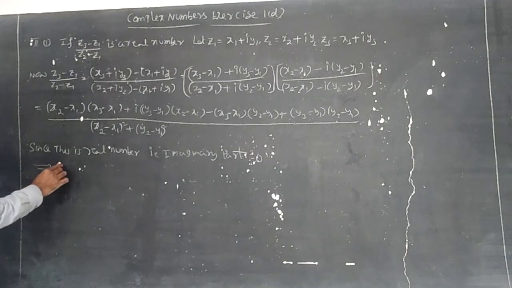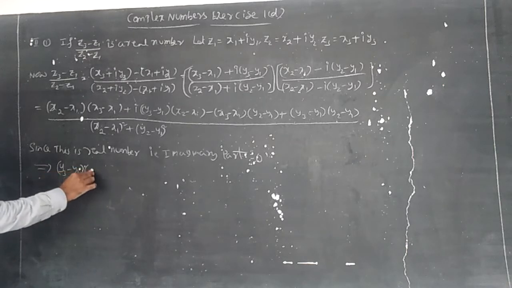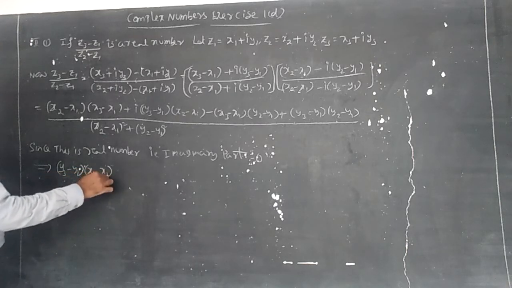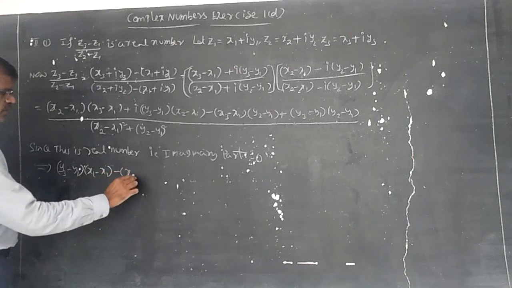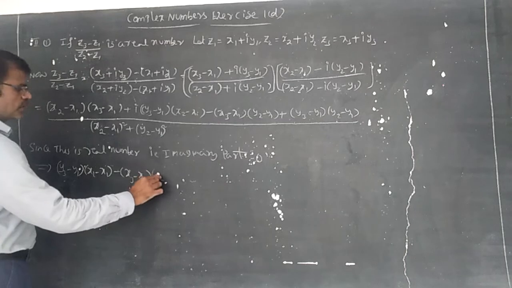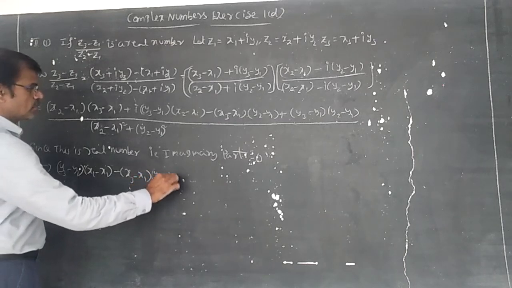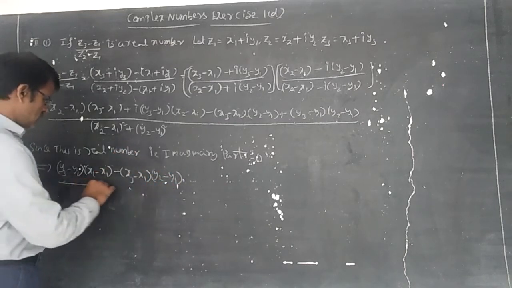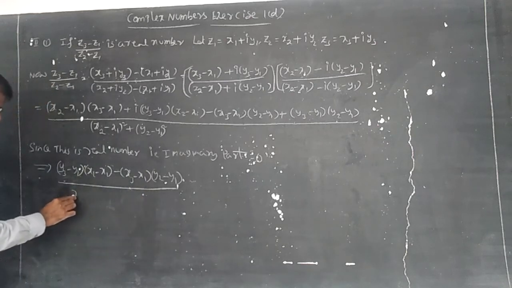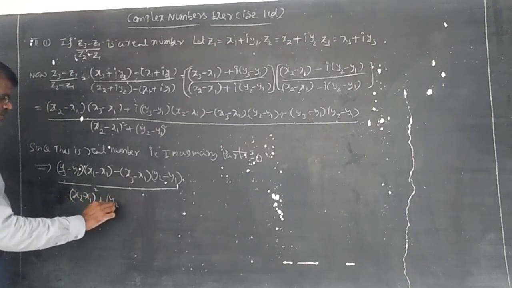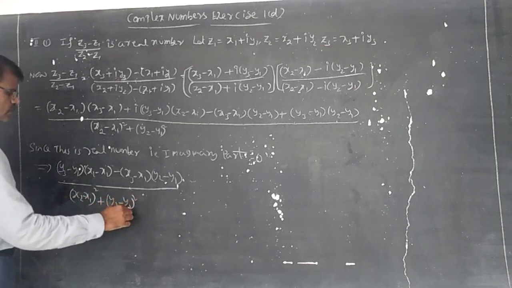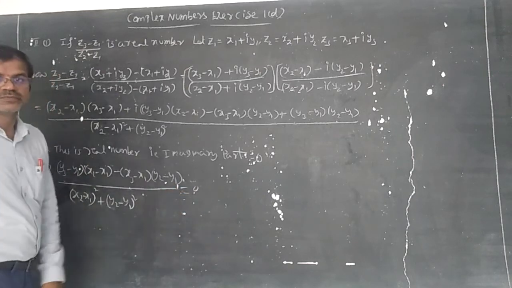That implies (y3 minus y1) into (x2 minus x1) minus (x3 minus x1) into (y2 minus y1), whole by (x2 minus x1) whole square plus (y2 minus y1) whole square is equal to 0.